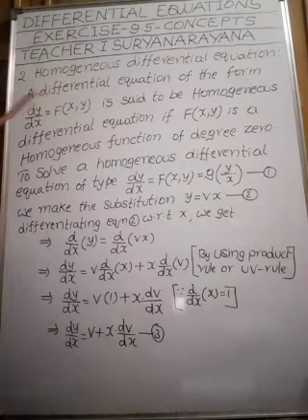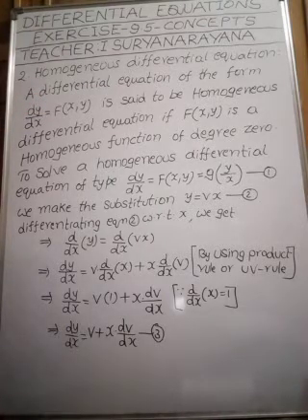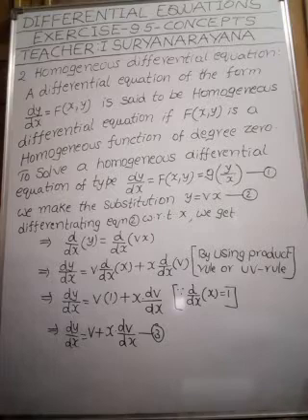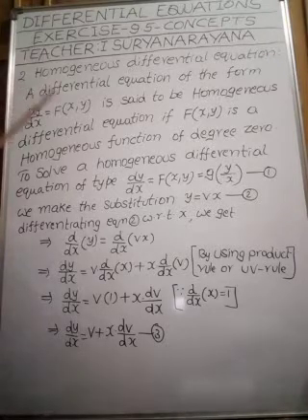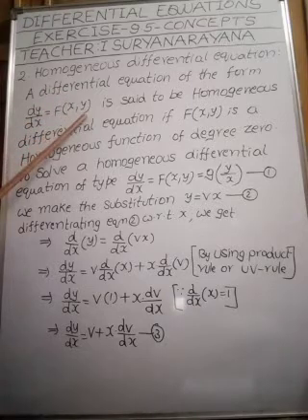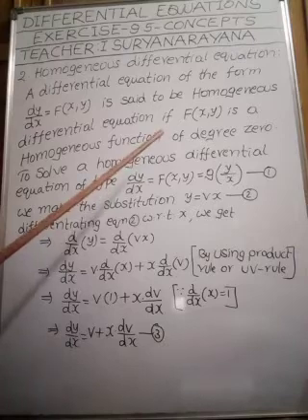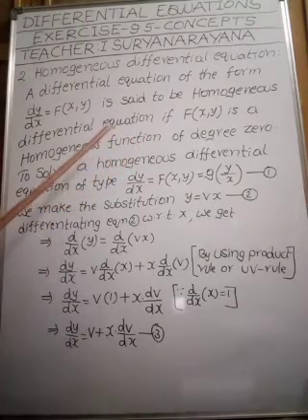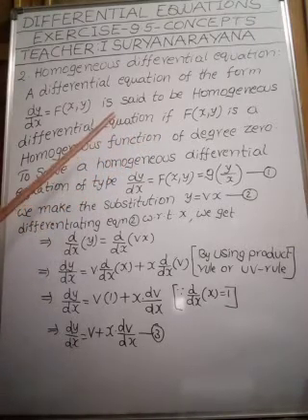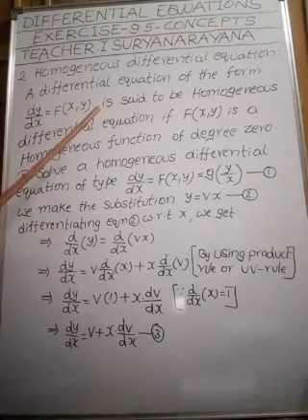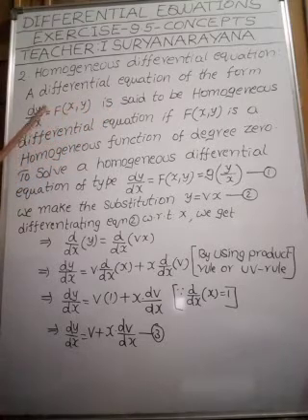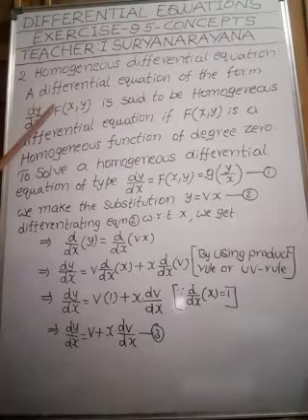So first of all, we have to check whether the given differential equation is a homogeneous differential equation or not. Means first of all, we have to check whether this function f of x y is a homogeneous function of degree 0 or not. If this condition is satisfied, the given differential equation is said to be a homogeneous differential equation.